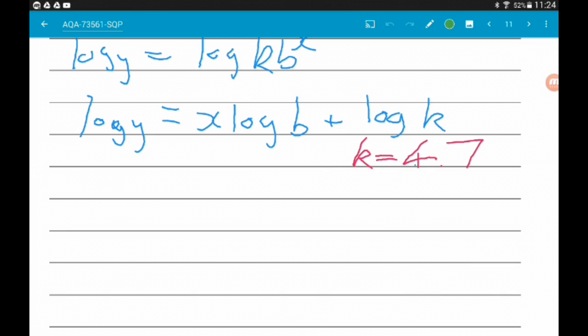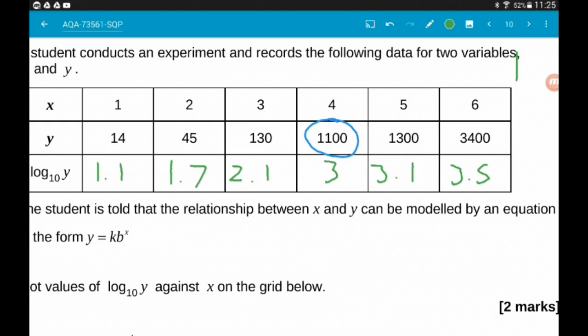Okay then, now we need to find the value of b. So remember here that log b is the gradient. It's multiplying the x term. So what we need to do here is get our best estimate of the gradient. To get that, we are going to consider the 2 points furthest away, that's when x is 1 and when x is 6.